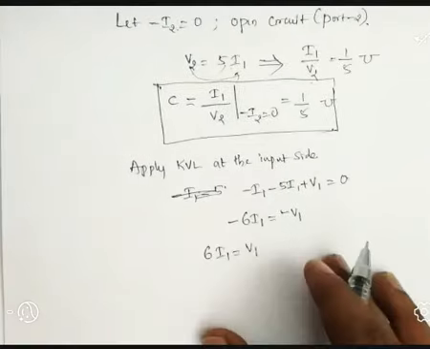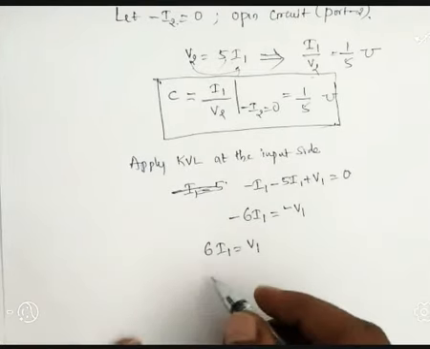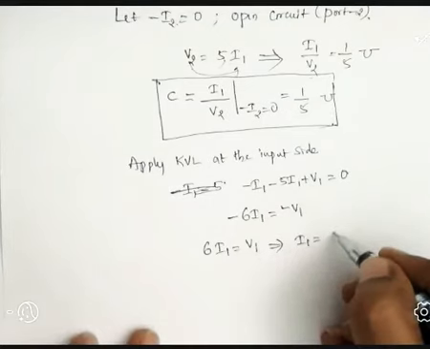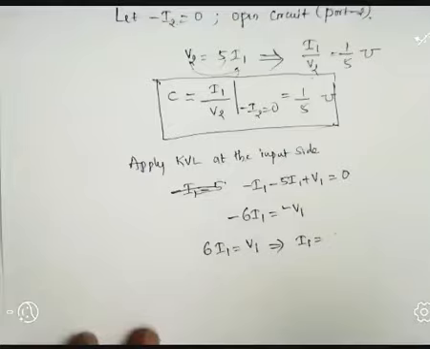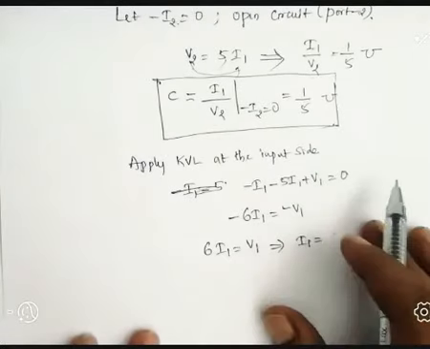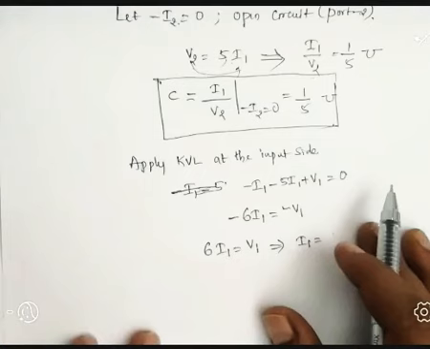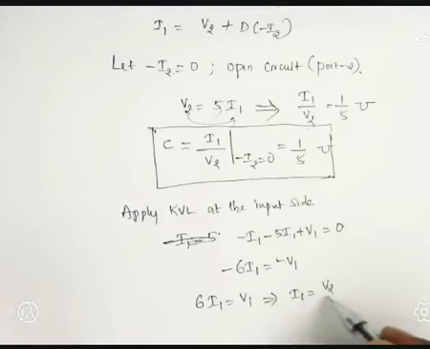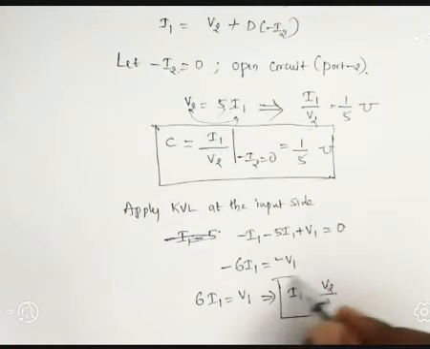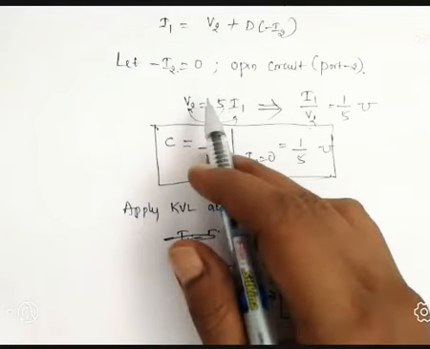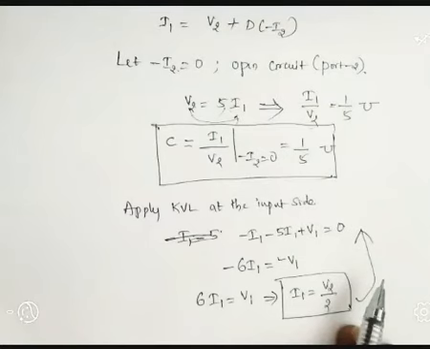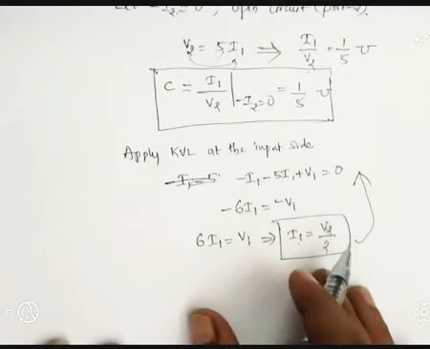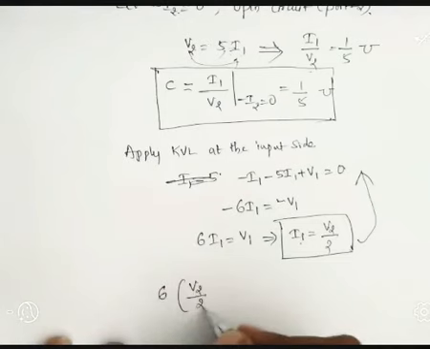We know the ratio. Let us express in terms of I1. From equation 1, I1 equal to what? I1 equal to V2 by 5. This is from the previous simplification. Now substitute the value of I1 here. Then what we are getting? 6 V2 by 5 is equal to V1.